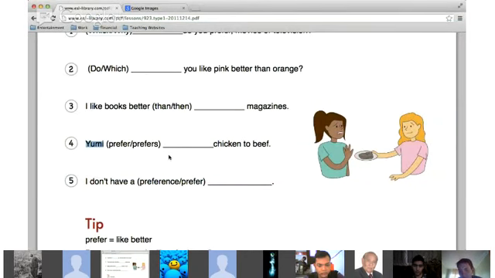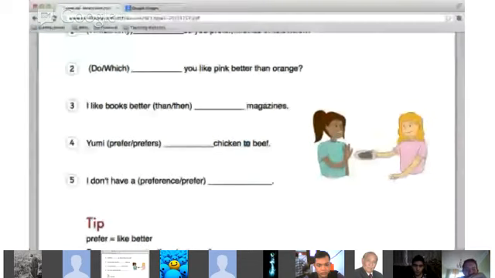So Yumi prefers chicken to beef. Now, we can replace to here with rather than as well. So Yumi prefers chicken rather than beef, or Yumi prefers chicken to beef. They mean the same thing.